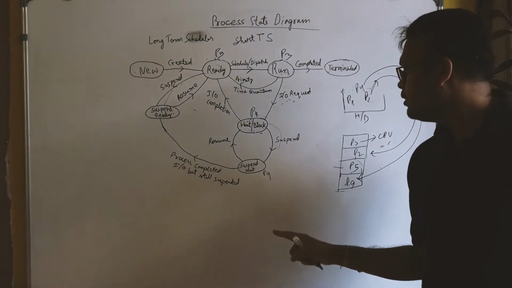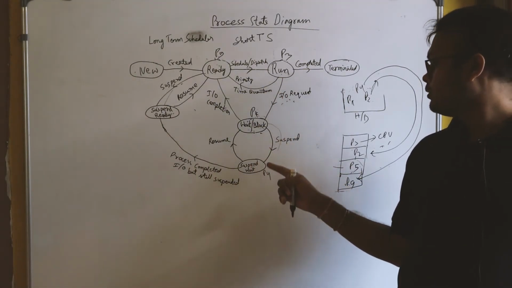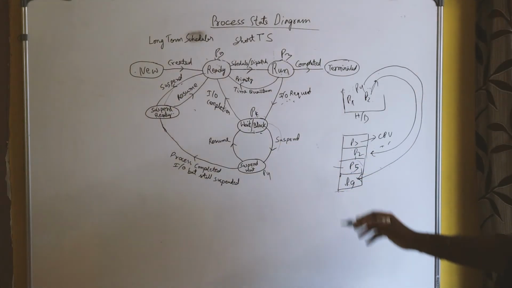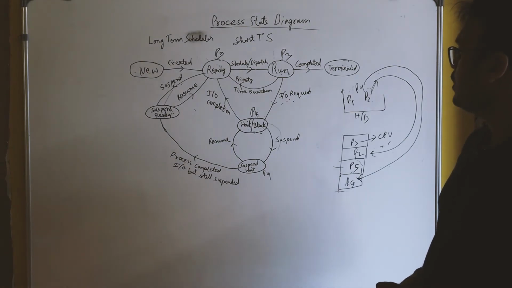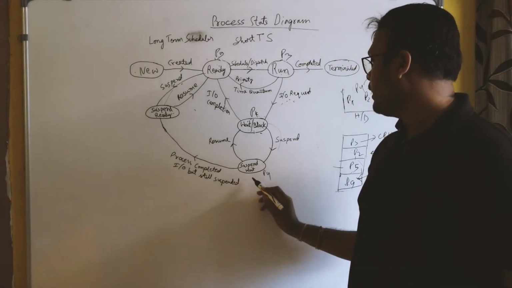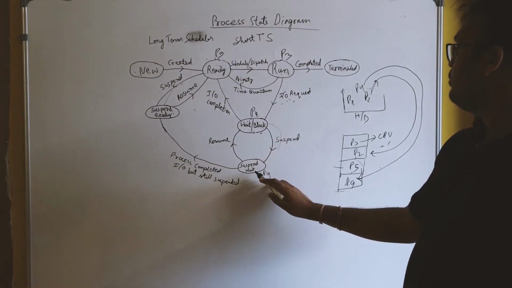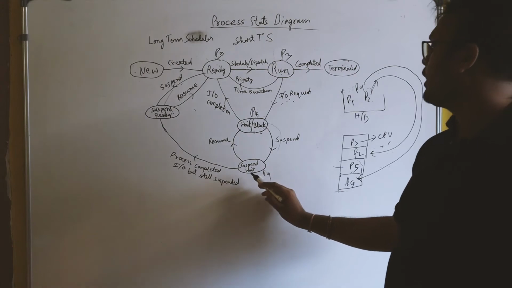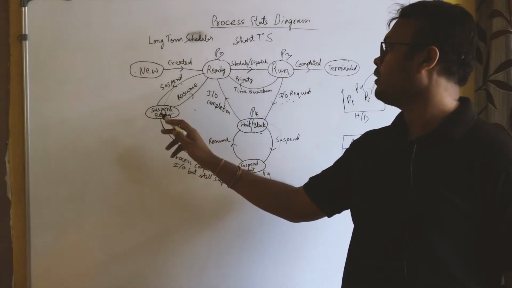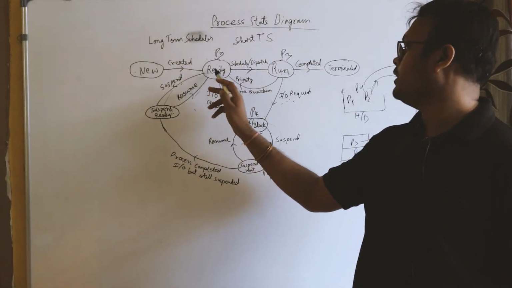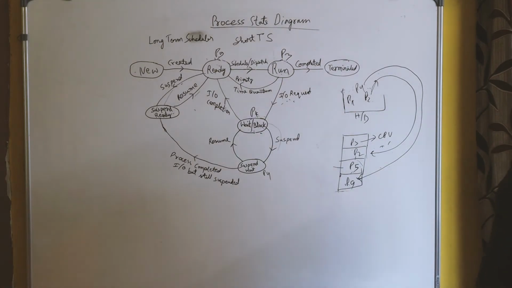Or, suppose the IO of P4 is completed. Then P4 can make a transition to suspend ready, and after that, if there is a space in the RAM, P4 can move to ready state. Okay, so this is all about the process state diagram.